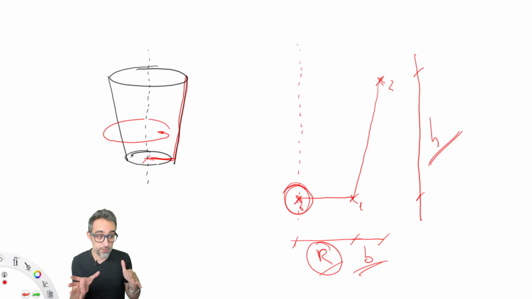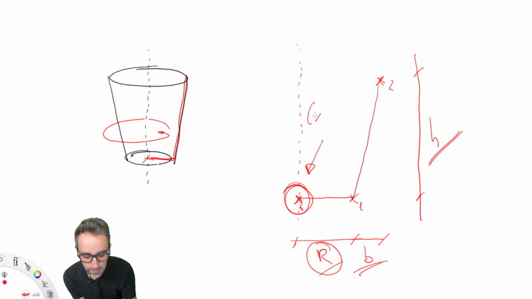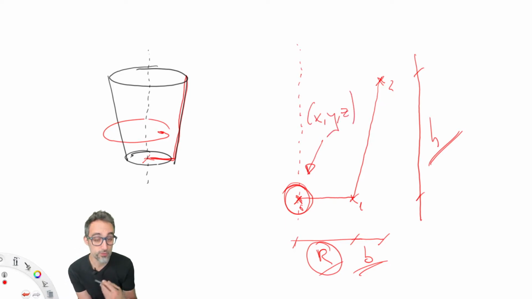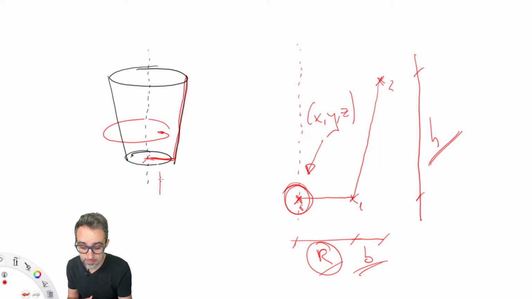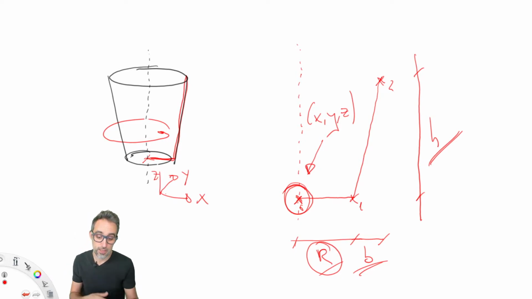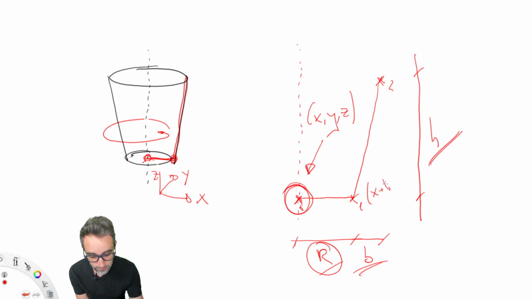Well, turns out that the relation between the 3 points in terms of coordinates is actually very clear, because if you think about this, if this point has x, y, and z coordinates, whatever those are, if we think that this vase, this glass, is something like this, so this is x and y and z, it turns out that the x coordinate of this point is going to be whatever the x coordinate of the point at the center was, plus the radius.